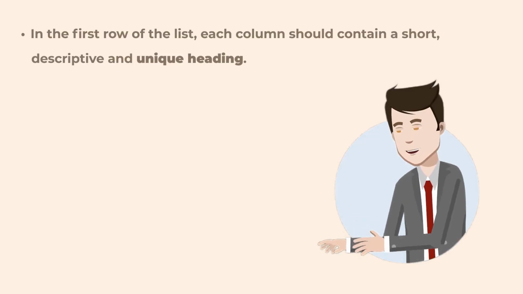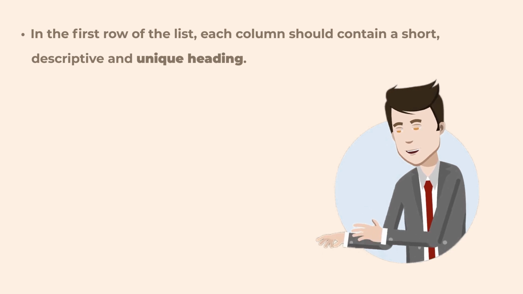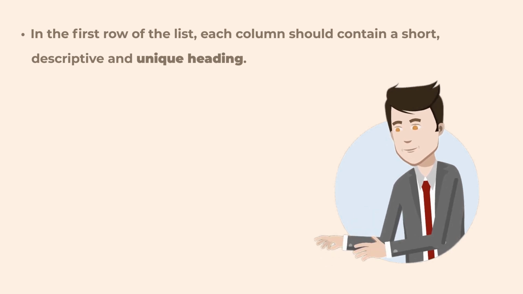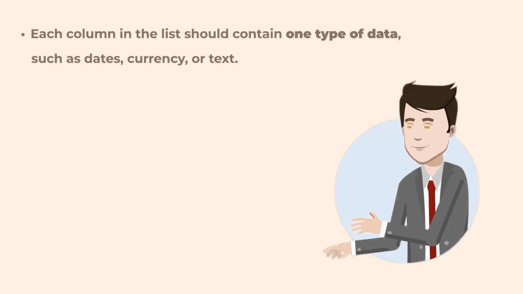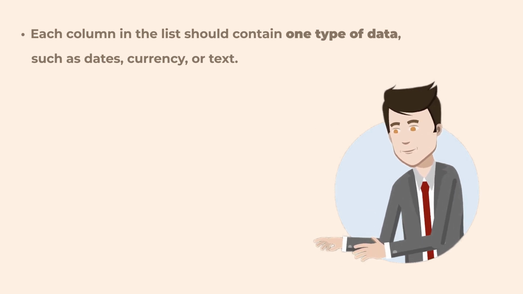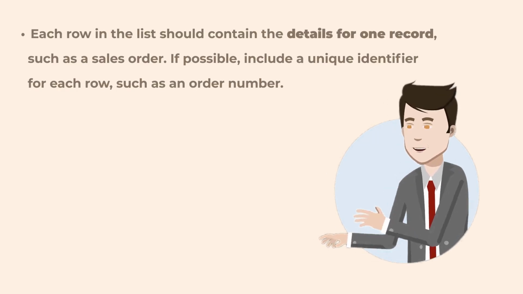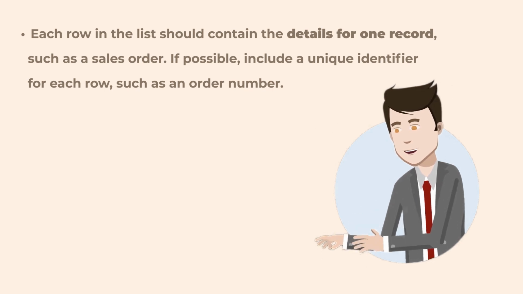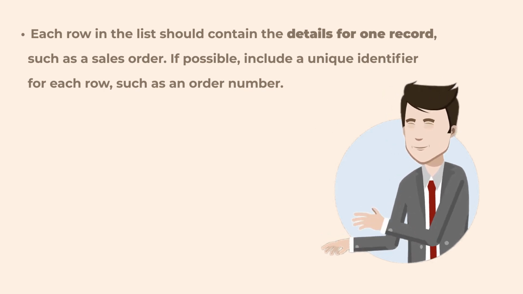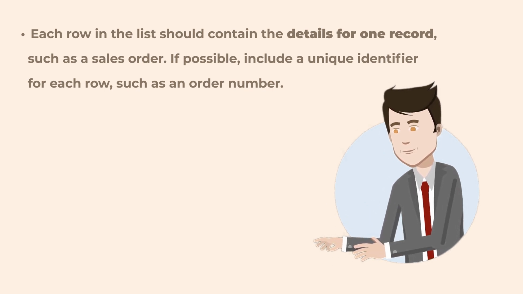In the first row of the list, each column should contain a short, descriptive, and unique heading. Each column in the list should contain one type of data, such as dates, currency, or text. Each row in the list should contain the details for one record, such as a sales order.